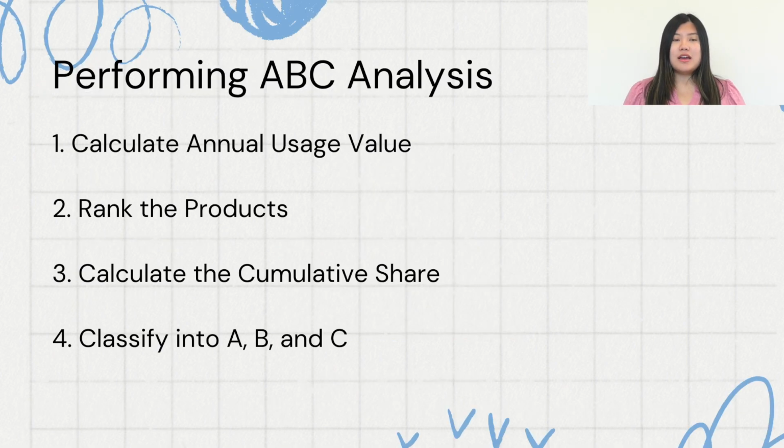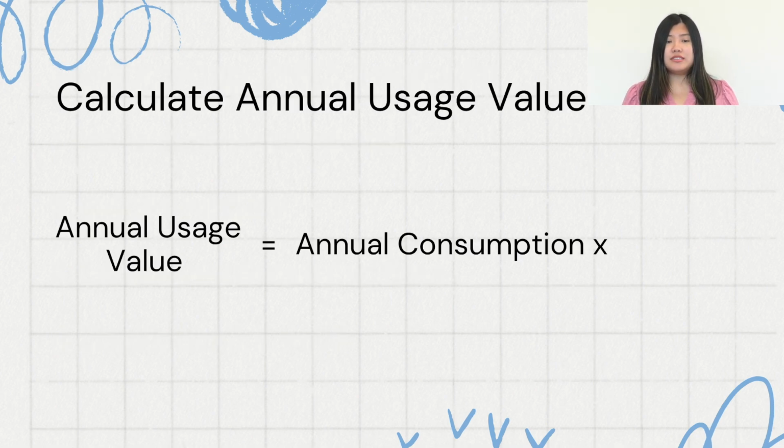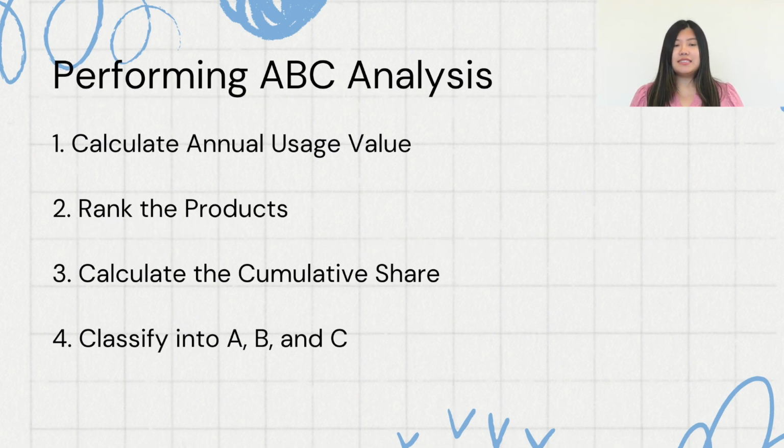ABC analysis requires a few calculations and some knowledge of your use of that inventory. The first step is to calculate each inventory item's annual usage value by multiplying its annual consumption by the cost of one unit of that inventory. The next step is to rank the products from highest annual usage value to the lowest.